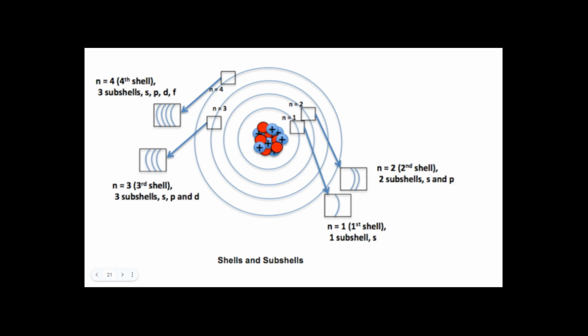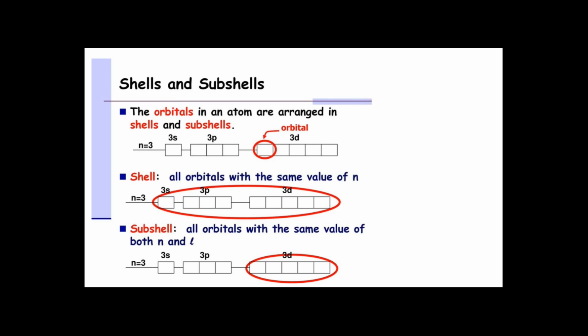The third has s, p, and d orbitals, and the fourth has s, p, d, and f. You can look at those in more detail later. So the orbitals in an atom are arranged into shells, subshells, and orbitals. So we have what they call s, p, and d.